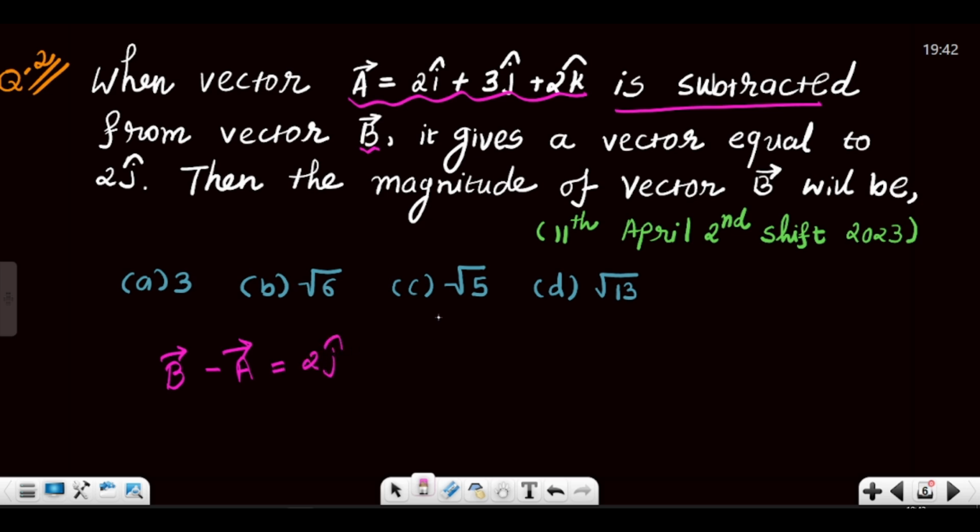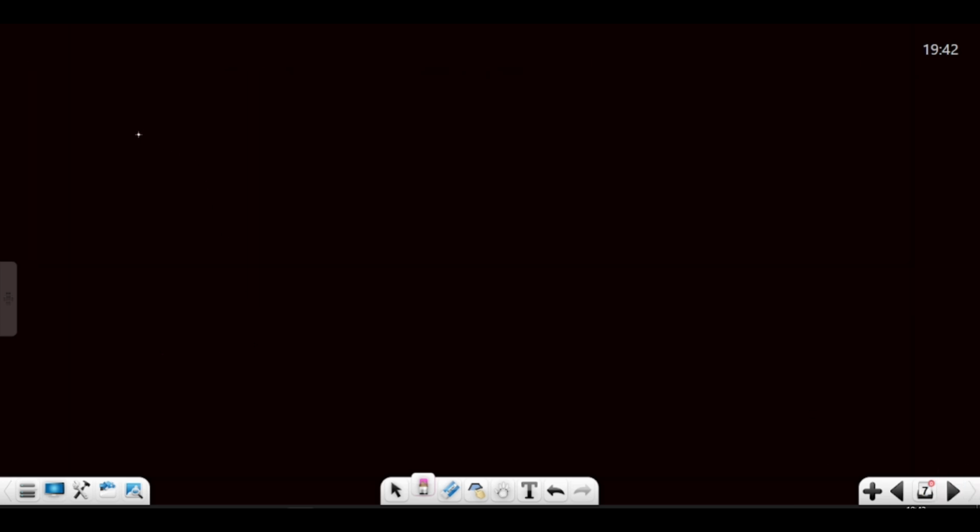They have said this. Then the magnitude of vector B will be, A is 2 i cap, 3 j cap, 2 k cap. Vector B minus vector A is equal to 2 j cap.